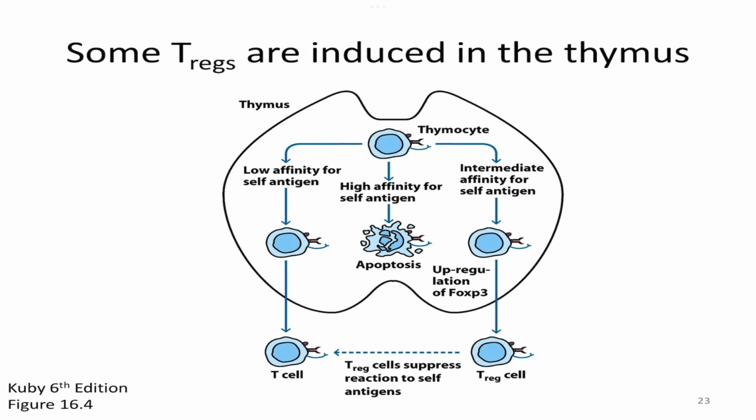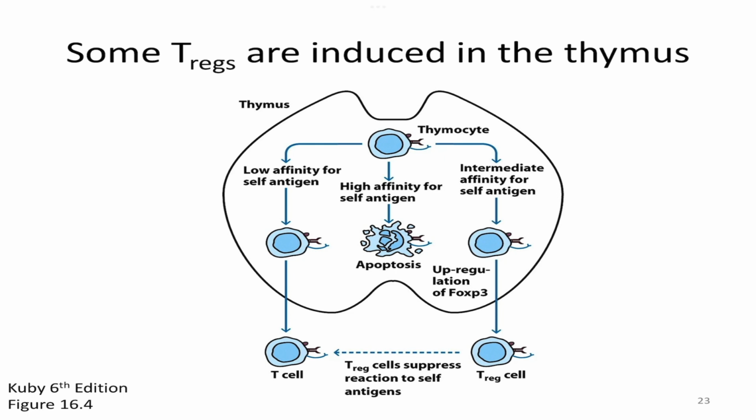The answer is that some Tregs are actually induced in the thymus. So for every other subset of cell that we're talking about in terms of our helper T cells, the T cell comes out of the thymus as a Th0 cell and doesn't decide which helper T cell subset it's going to become until it sees antigen and gets some cytokines from an APC in the secondary lymphoid organ, like the lymph node.